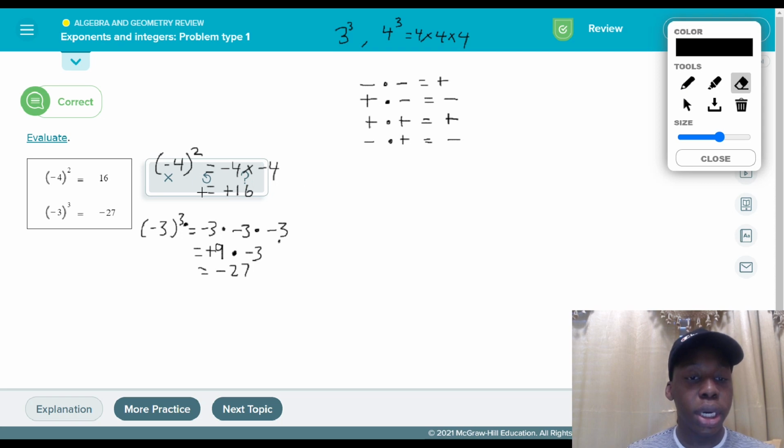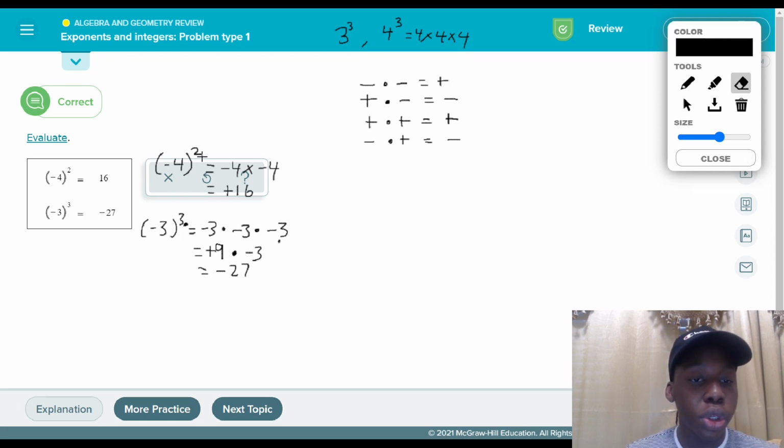All right, so let me just do a quick recap of what I did here. I observed the question, and I knew that the sign in front of the number we have to evaluate was a negative. So I know we're going to be working with negative numbers. And this power, this exponent, tells us how many times we have to multiply the number inside the parentheses by itself.